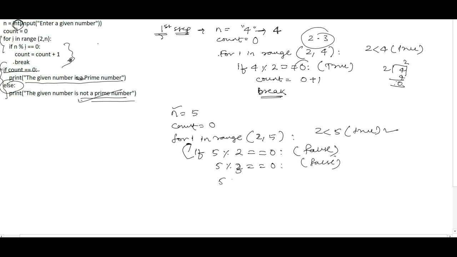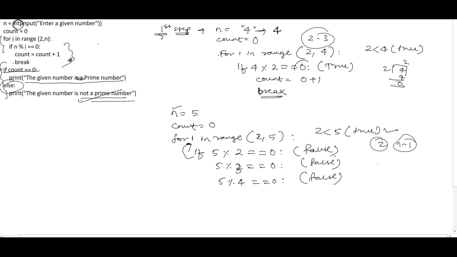And similarly 5 percent 4 double equals 0, this is also false. This is basically between 2 and n minus 1, right? We need to check till n minus 1, and we already checked till here.